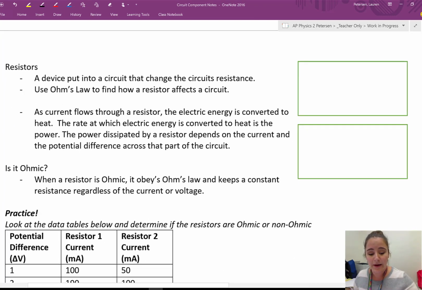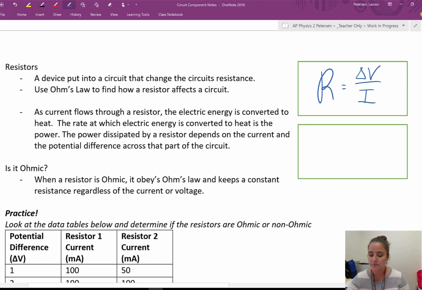So let's talk about resistors. So whenever we need to control the current in our circuit, whether it's the circuit that powers our car or in our home or in a remote control, we're going to use resistors, okay? Now, we tend to think of resistors in terms of Ohm's law, V equals IR, rearranged for resistance.